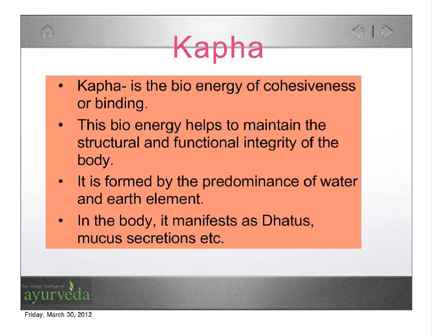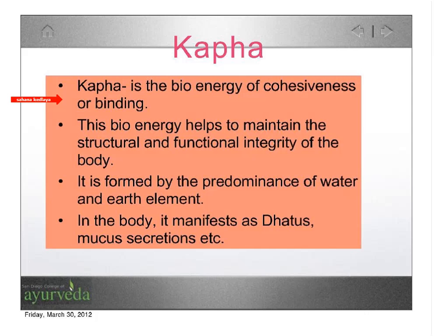So let's make an attempt to understand Kapha a little bit in detail. Kapha is the bioenergy of cohesiveness, or the bioenergy of binding. In the previous two classes, we have seen that Vata is the bioenergy of transportation, which helps for all sorts of movements in the body.